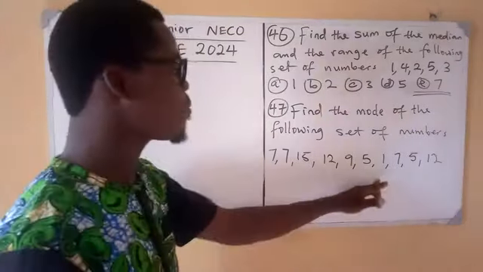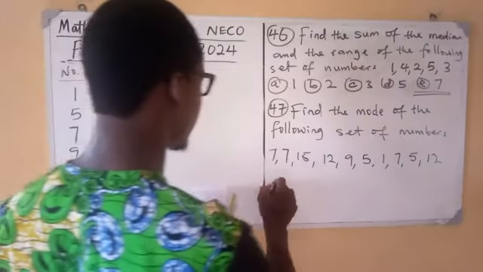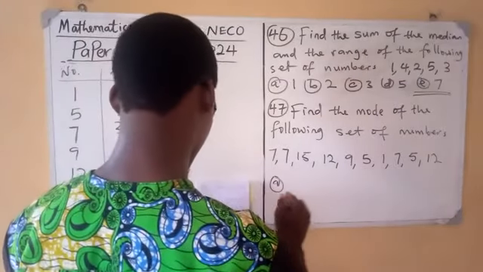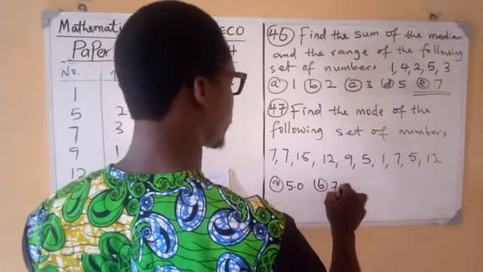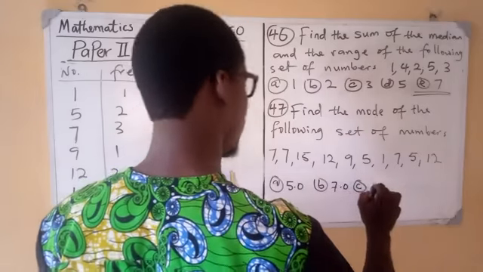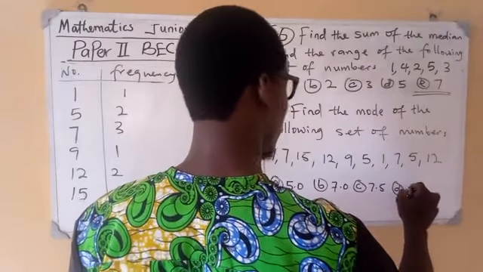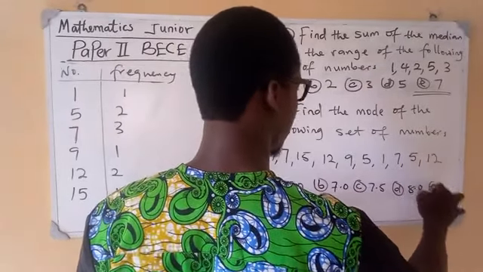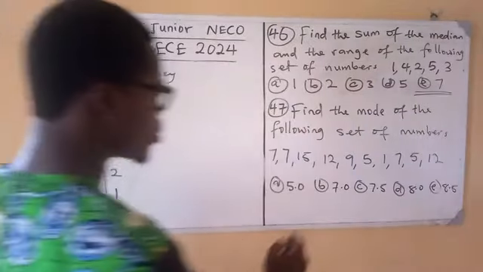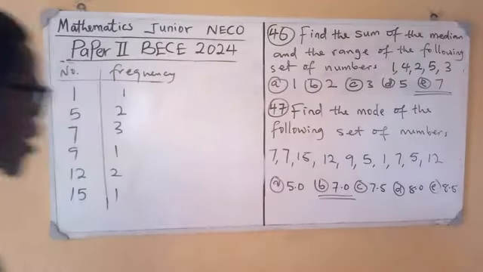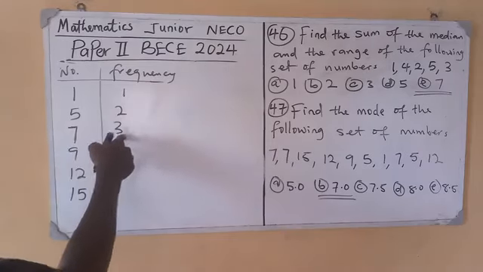The options given to us: A, 5.0, B, 7.0, C, 7.5, D, 8.0, and E, 8.5. So option B is the correct answer because 7 is the mode. It has the highest frequency.